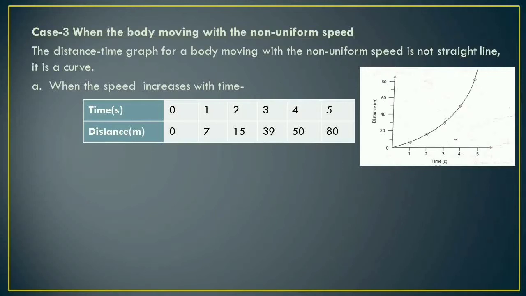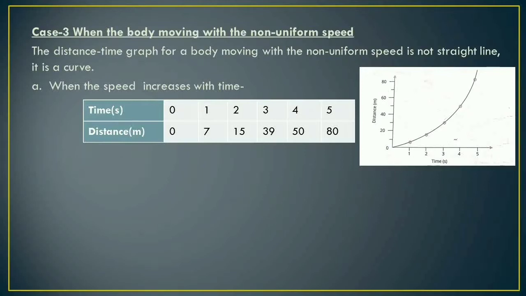When it was at rest, it was not covering any distance. Then after 1 second, it covers a distance of 7 meters. After another 1 second, that means after 2 seconds, it covered a distance of 15.